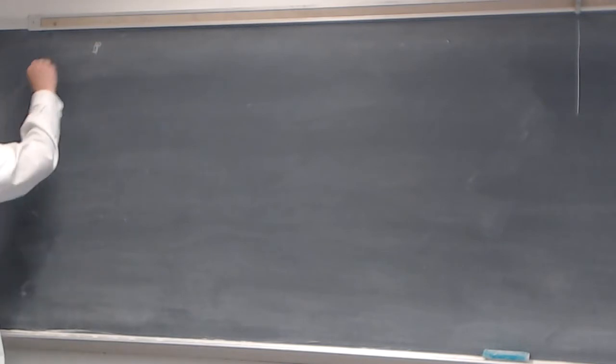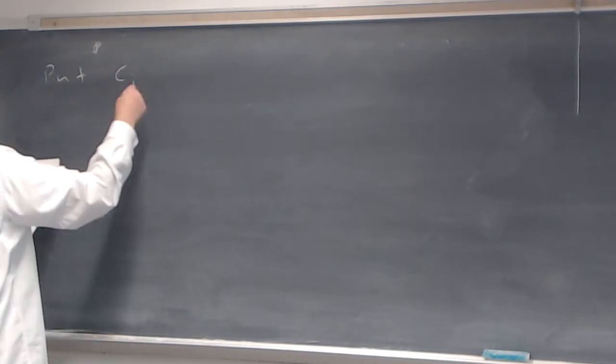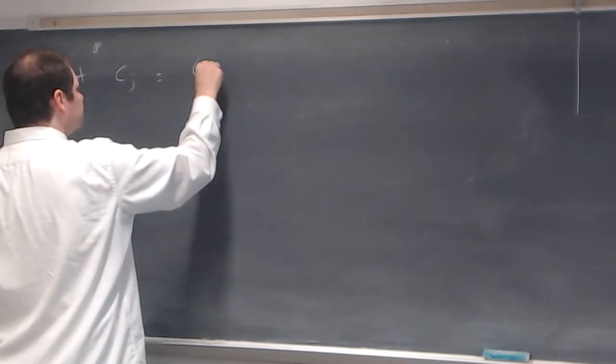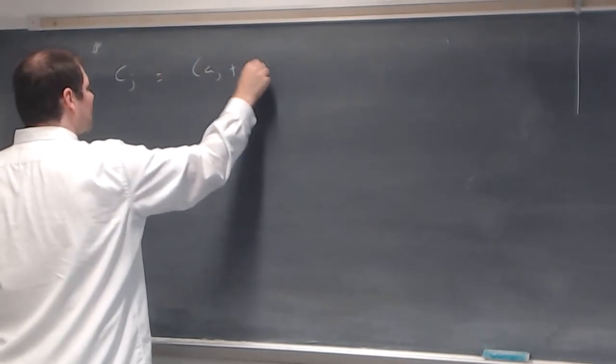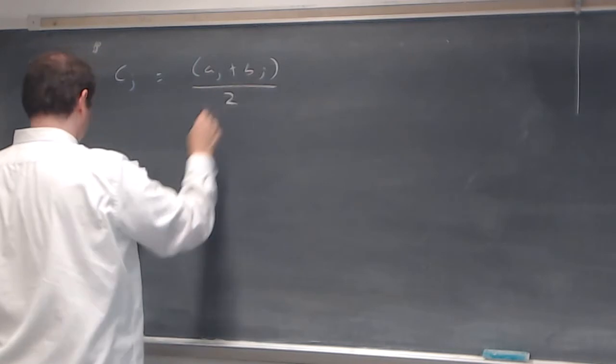Okay, and how we're going to do that is we're going to put C sub j equal to (A sub j plus B sub j) over 2.